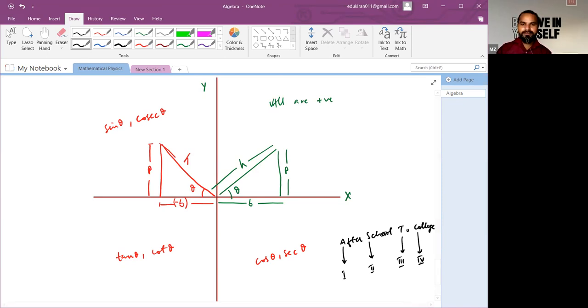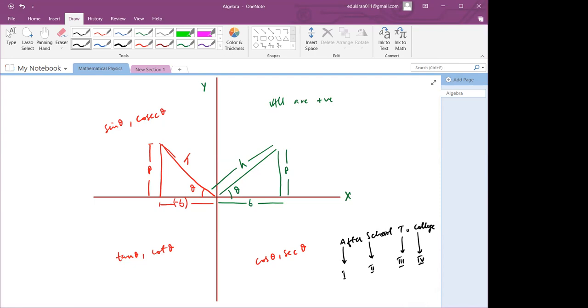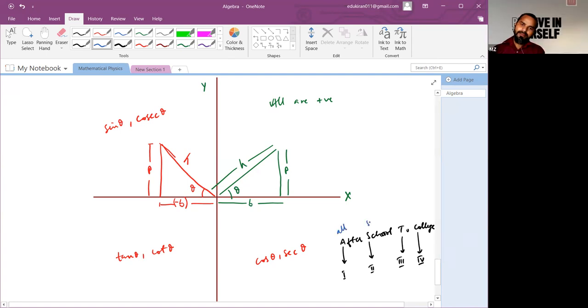Is it clear to everyone? Yes, sir. Okay, just write it down. Here A means all, S means sine, T means tan, and C means cos.